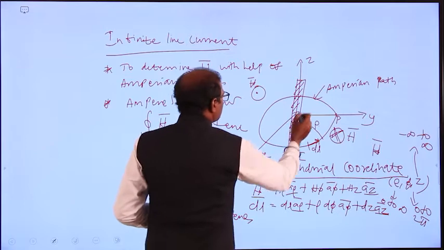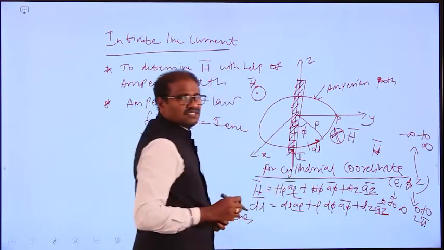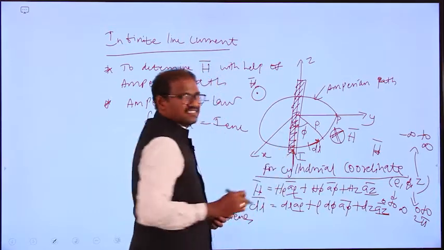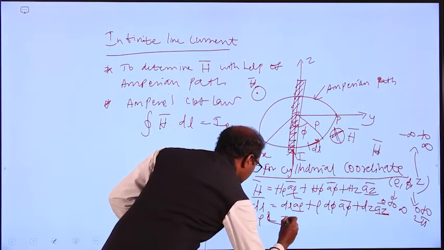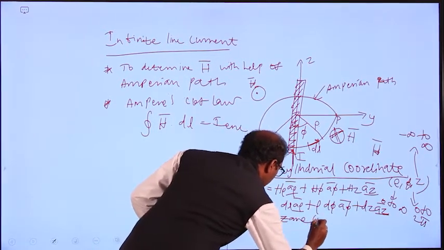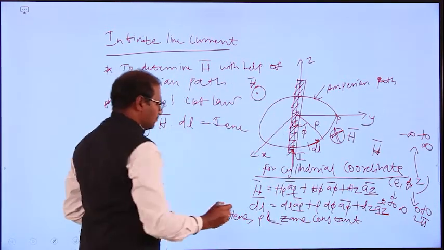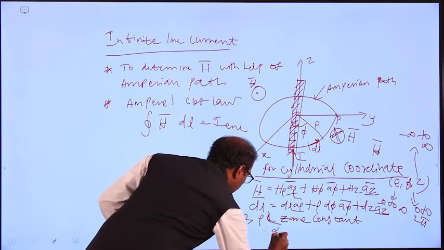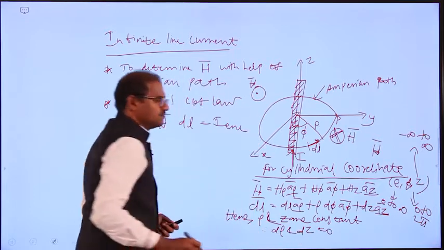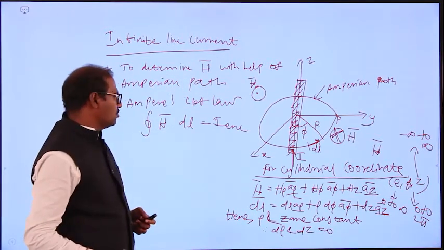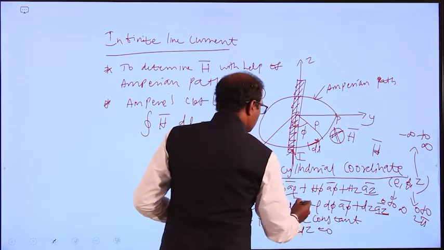Look at the diagram. Z, meaning height, will be constant, rho also constant. Only phi is a variable. Rho and z are constant, therefore d rho and dz equal to 0. So finally these terms will be eliminated.